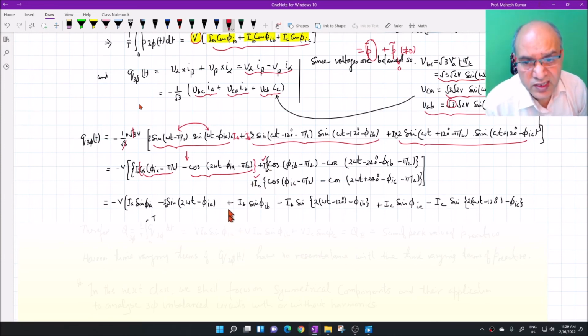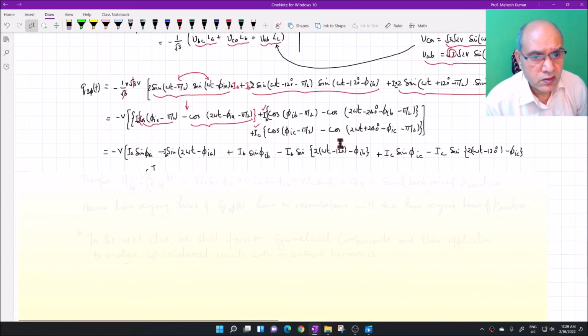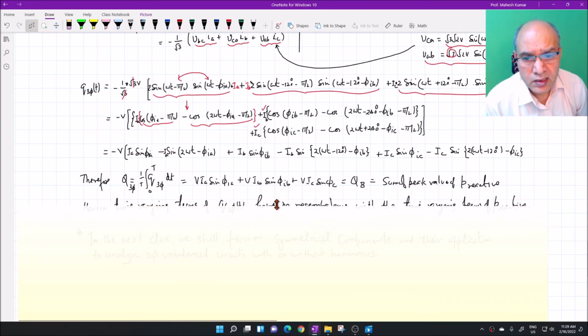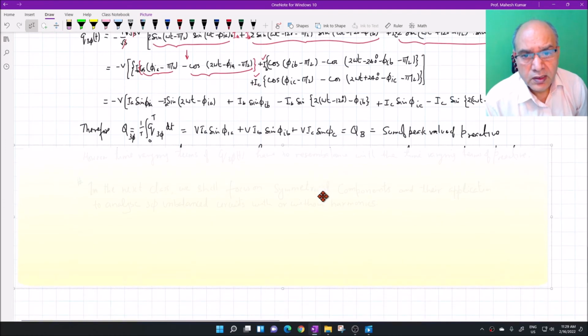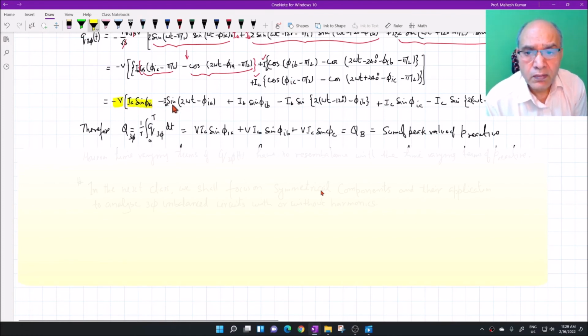If we simplify this for each phase quantity, then you can see that we are getting this term, that is minus B, because B is common, then IA sin phi A plus IB sin phi B plus IC sin phi C. These are constant terms, 1, 2 and 3.